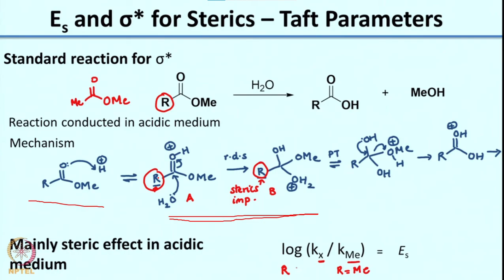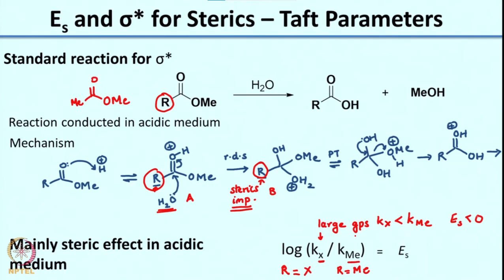So according to the Taft parameter, the equation is log kx by kMe, where kMe is the standard. If kx is a larger group, then kx will be less than kMe, right? If kx is a smaller group like H, then it will create a reverse effect.